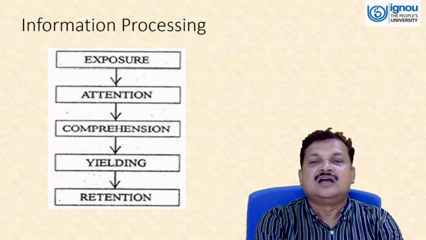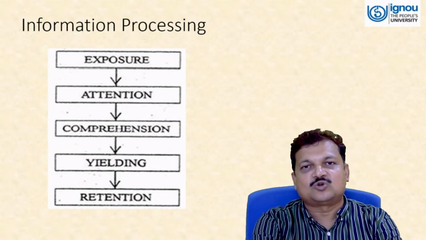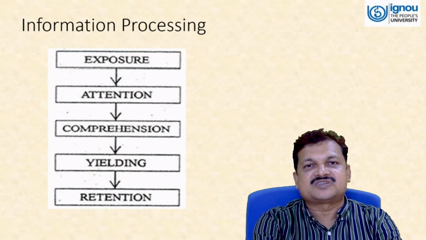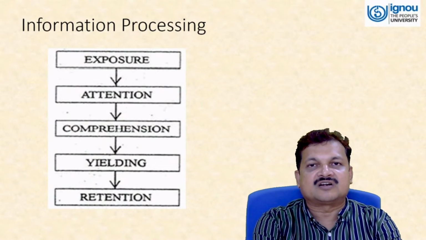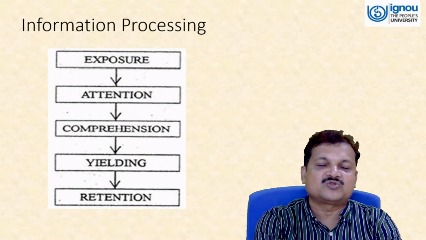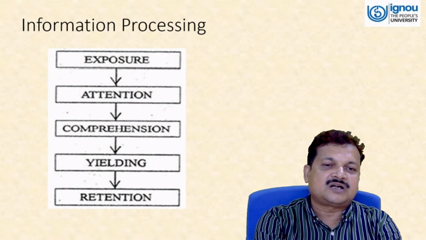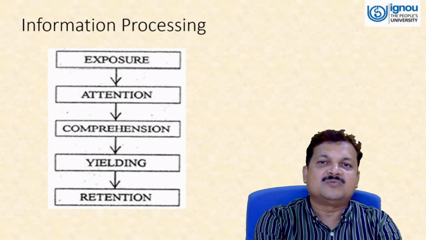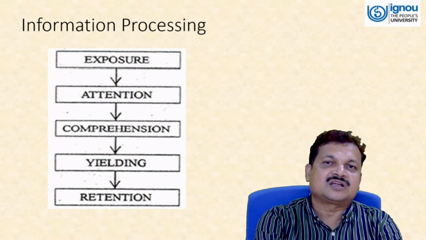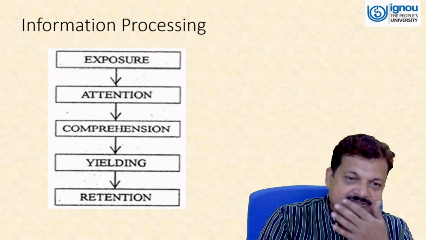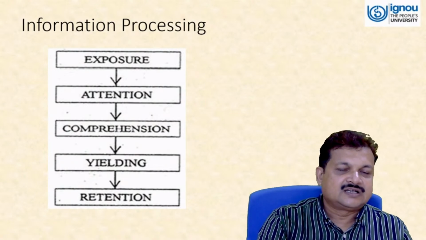It depends on how many days this information is stored in your memory as a good brand or a bad brand. So yielding is mostly evaluating a good brand or bad brand, and after that retention means keeping it in memory. If it is for a short duration, we say it is short term memory, and if it is for a long duration, then it is long term memory.